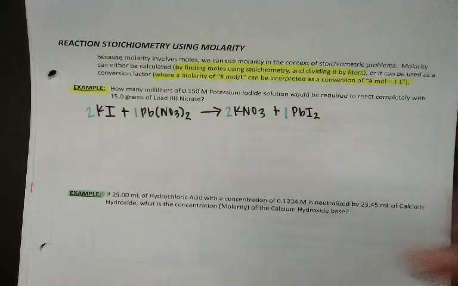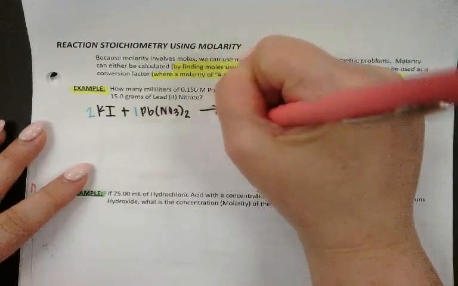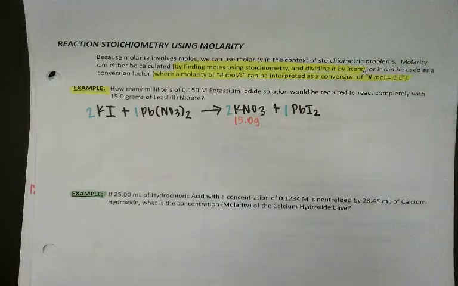Okay? And especially for this, because have you ever done a problem like this? No. And there's a lot to do. With this, my given is my gram value. Okay? Why is this my gram value and not my molarity?